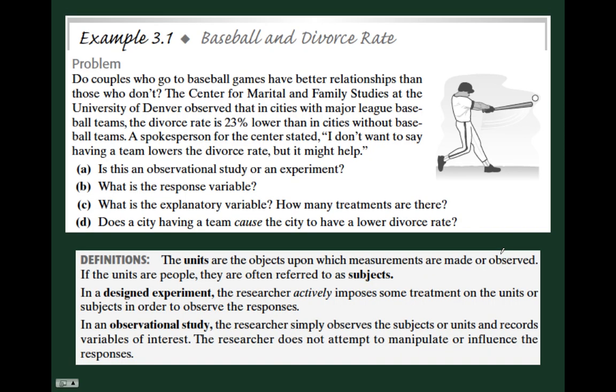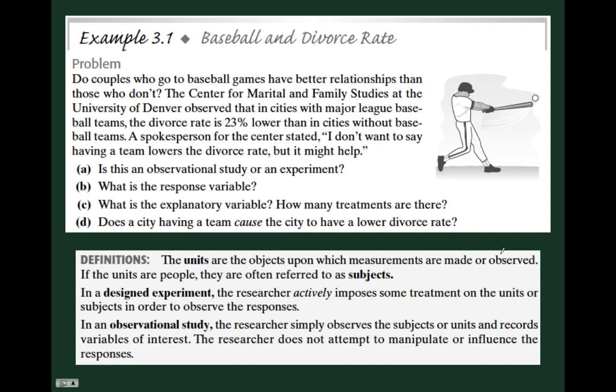So let me be a little more specific with these definitions. The units are the objects upon which measurements are made or observed, and if the units are people, then we refer to the units as subjects. In a designed experiment, the researcher actively imposes some treatment on the units or subjects in order to observe the responses. In an observational study, the researcher simply observes the subjects or units and records variables of interest.